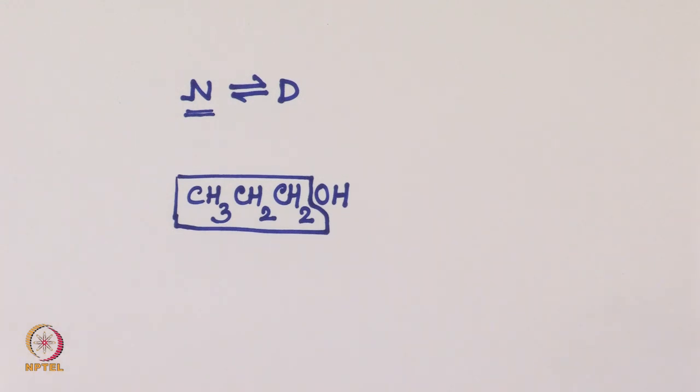Obviously, when the protein is undergoing partial unfolding or unfolding, the hydrophobic groups are getting exposed and alcohol can interact more with the denatured state compared to the native state.